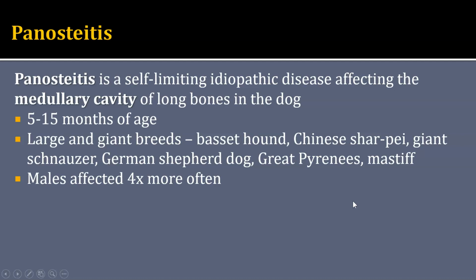Again, predominantly large and giant breed dogs are affected, and I've listed the overrepresented breeds for panosteitis. Don't forget, though, that this can be identified in many breeds, just like hypertrophic osteodystrophy, and in fact, some of the smaller breeds, like beagle dogs, will also show up with clinical panosteitis. It is interesting to note that males are affected 4 times more often than females.